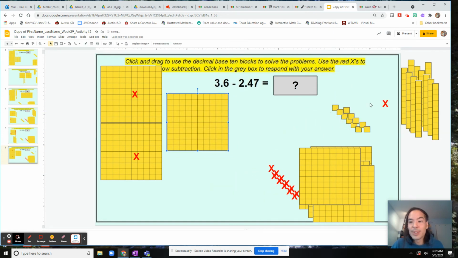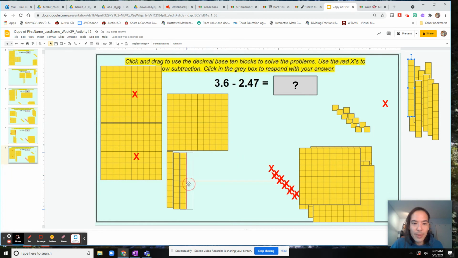So I'm going to have to break this one up a lot, all right? So here's what's going to happen. We're going to break this into 9 tenths and 10 hundredths. 9 tenths and 10 hundredths all together would make one whole. But right now we can't draw the x's to take out 47 hundredths unless we have at least 4 tenths and at least 7 hundredths.